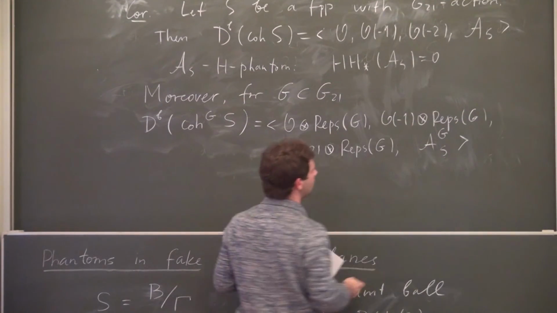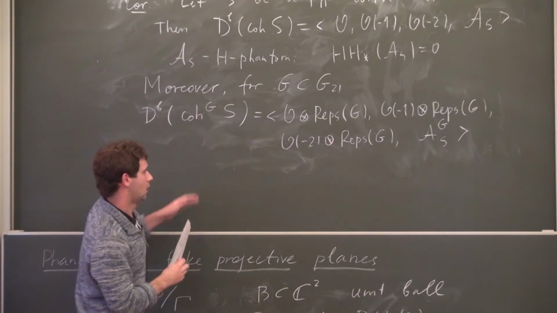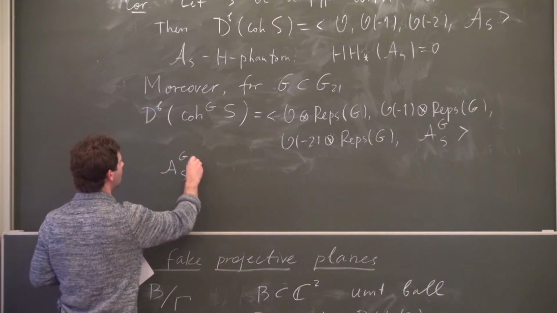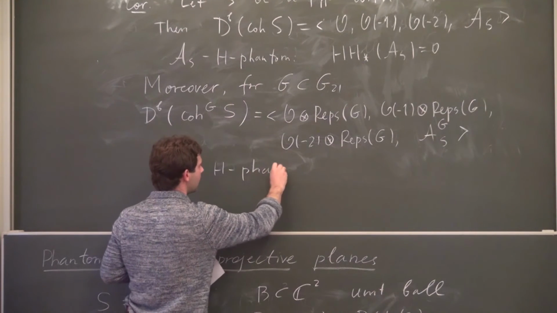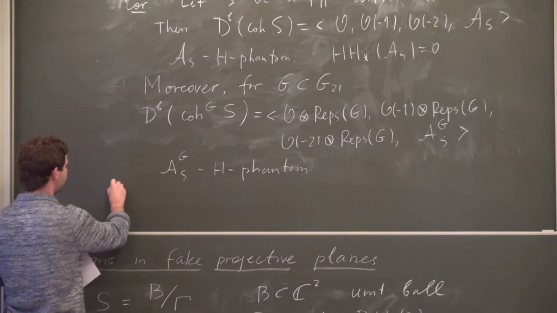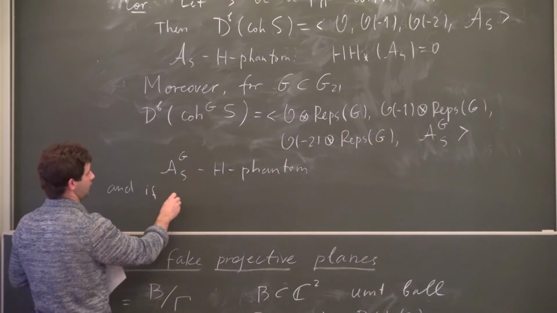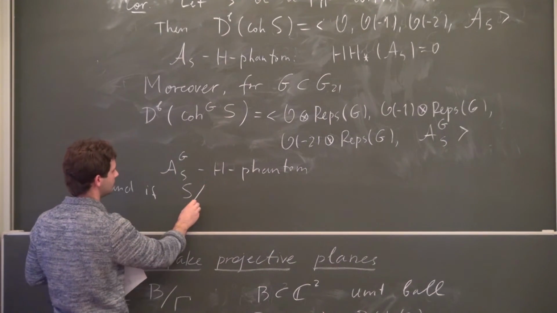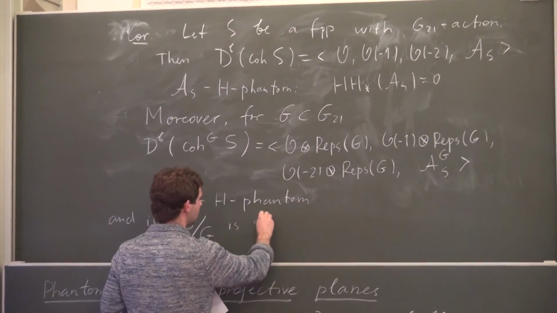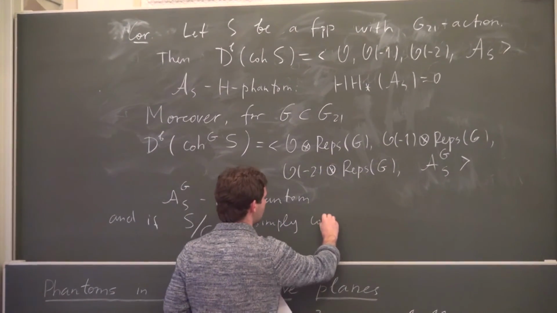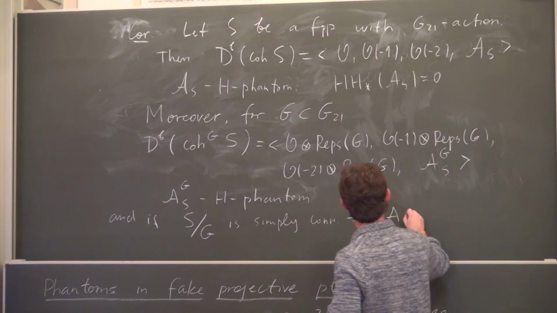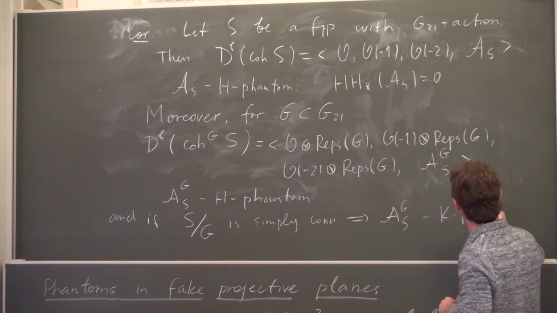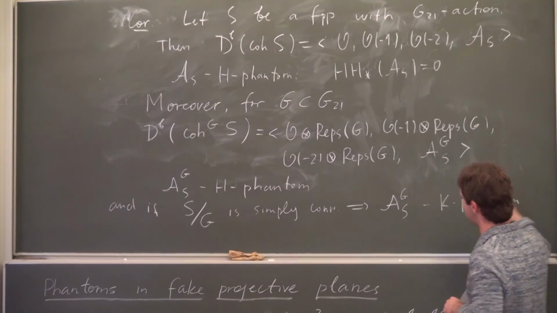What can we say about this orthogonal? It's again H phantom, and moreover, if the quotient S by G is simply connected, then this AS^G is also a K phantom, which means that its Grothendieck group is 0.